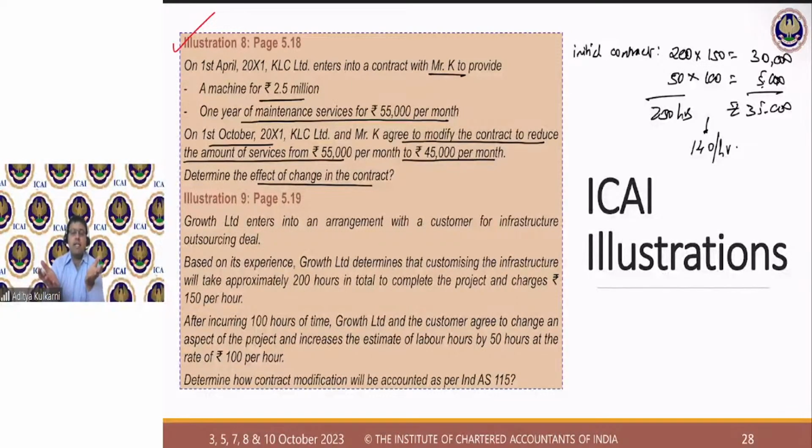But the substratum is, when 200 hours were allotted, you had suggested using it for direct tax compliances. At that time you did not know Form 3CEB was applicable. But now that also comes under the broad umbrella of income tax outsourced services. The service provided before and now is exactly the same, and therefore we are going to treat it as a supply which is not distinct.